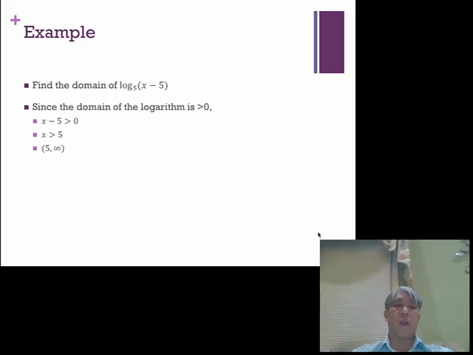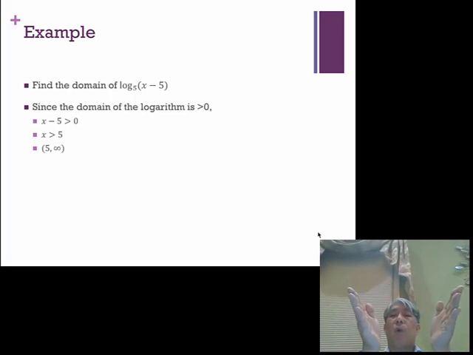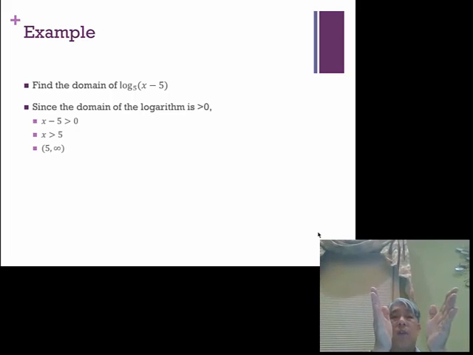So for example, find the domain of log base 5 of x minus 5. Since we're talking about x minus 5, what we've basically done is translate my original graph of log base 5 of x 5 units to the right, because it's x minus 5 in parentheses.